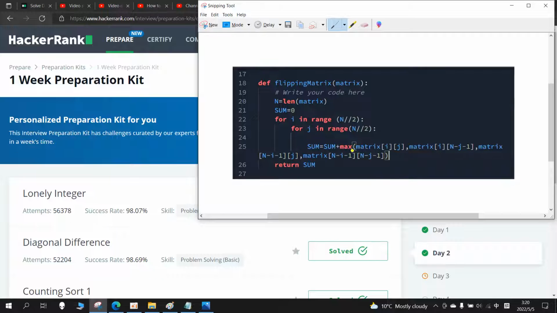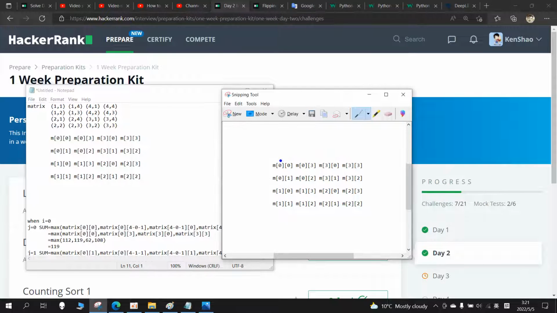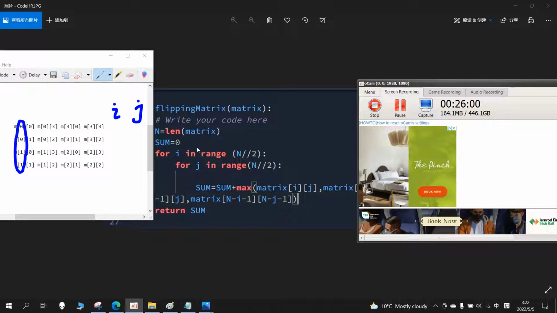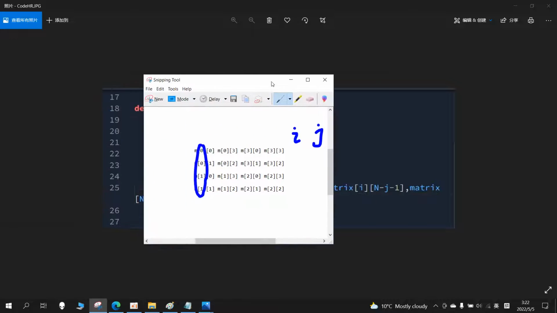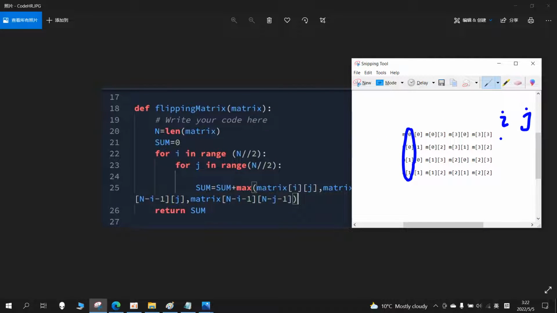So because we find the regulation, why here is 1 or minus 1 or something like that. It is because, okay, first we need to find the first one, right? So in this case, we write i here, j here. Because if we look back at our code, initially it starts from 0, like i equals 0, and j is also equals 0, and then i equals 0 still, and j equals 1.